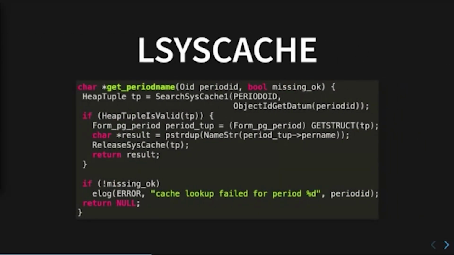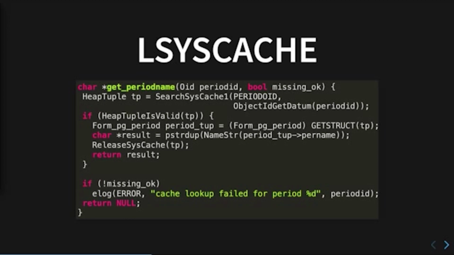Another kind of cache is lsyscache. I don't know what the L stands for. Maybe somebody could tell me. It's got a bunch of common helper routines to help you on top of syscache. They call ReleaseSysCache for you, so they're very convenient. And they're also very common to use during analysis. Here's a function that I added to lsyscache, which I use over in the foreign key triggers part of the code.